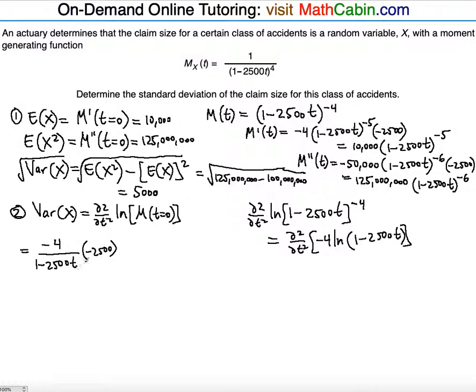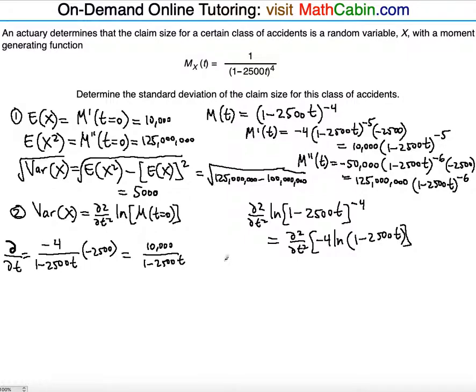Notice this is the first derivative. Okay, so I'm not going to say it's equal to, because we have to do more work. This is just the first derivative, and it is 10,000 divided by 1 minus 2500t.